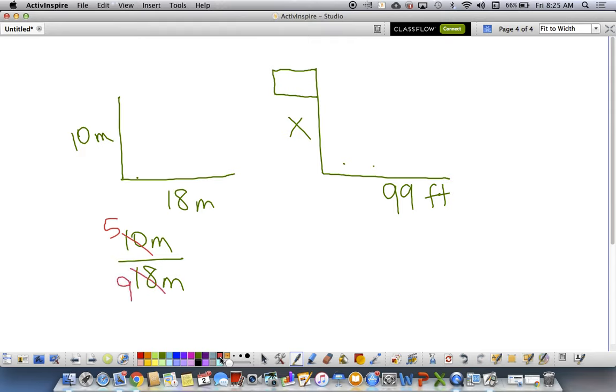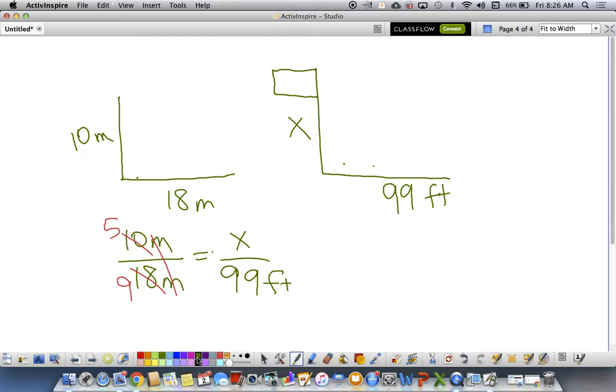Anything else? And what is meters divided by meters? 1. They cancel, so the unit really doesn't matter there. So that's going to equal what? Over 99 feet.